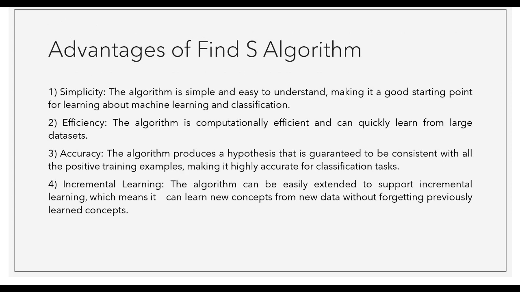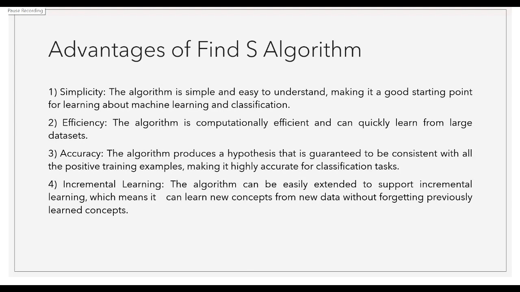The next topic is advantages. Simplicity. The algorithm is simple and easy to understand, making it a good starting point for learning about machine learning and classification. Efficiency. The algorithm is computationally efficient and can quickly learn from a large data set. Accuracy.